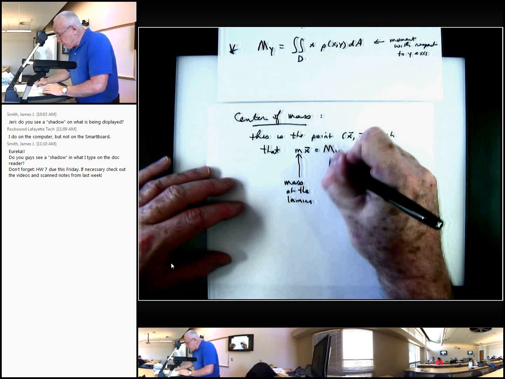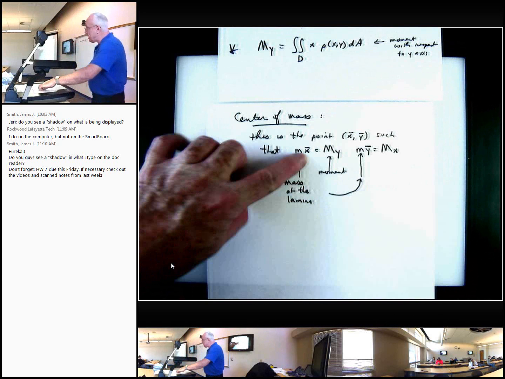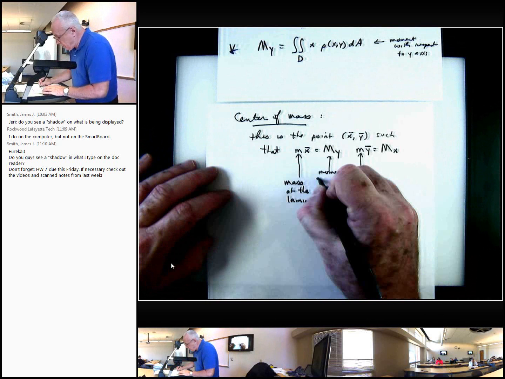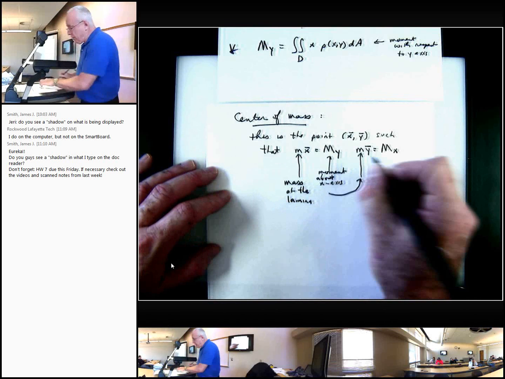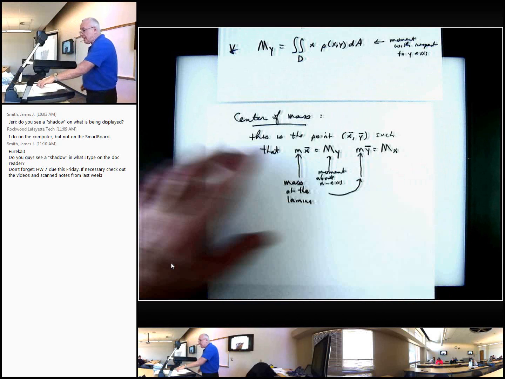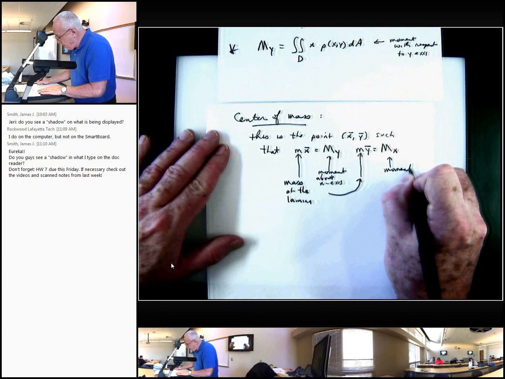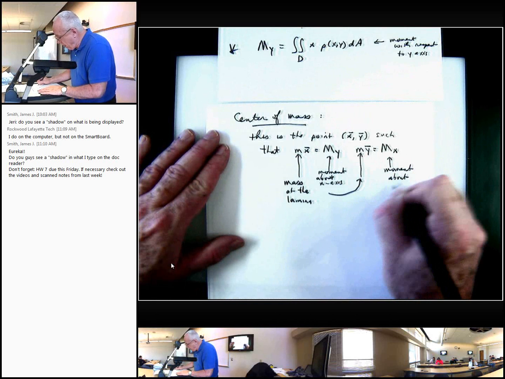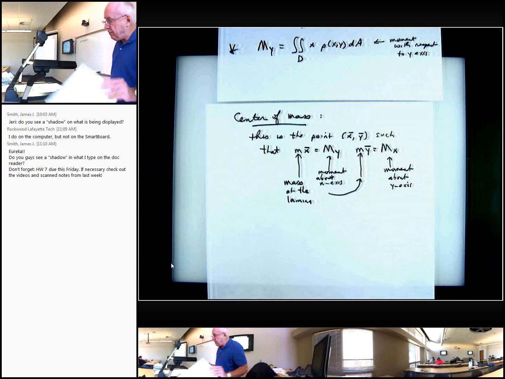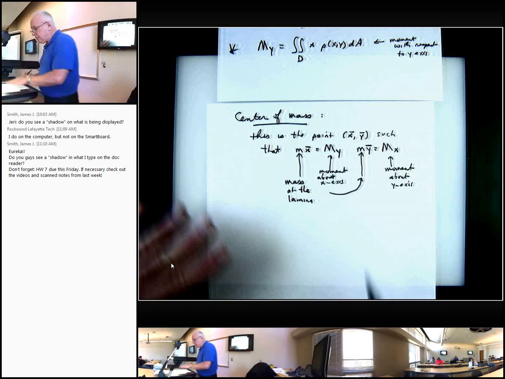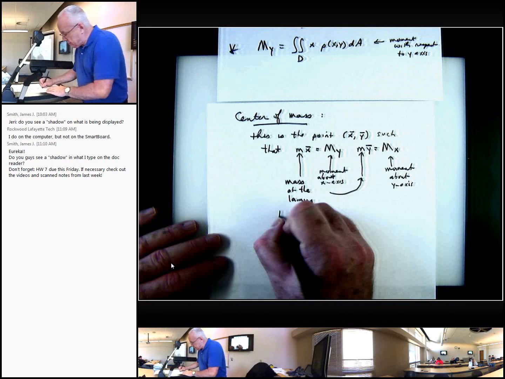So this is the moment about the x-axis, and that's connected with the x bar here. And here we have the y bar on one side and capital Mx on the other, but this is the moment about the y-axis. All right.